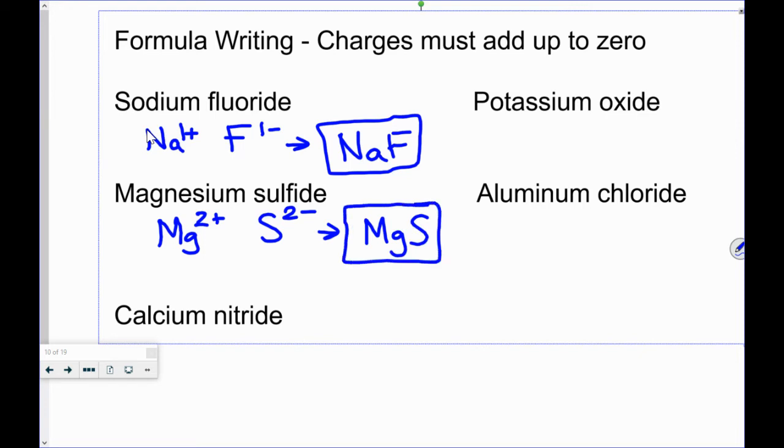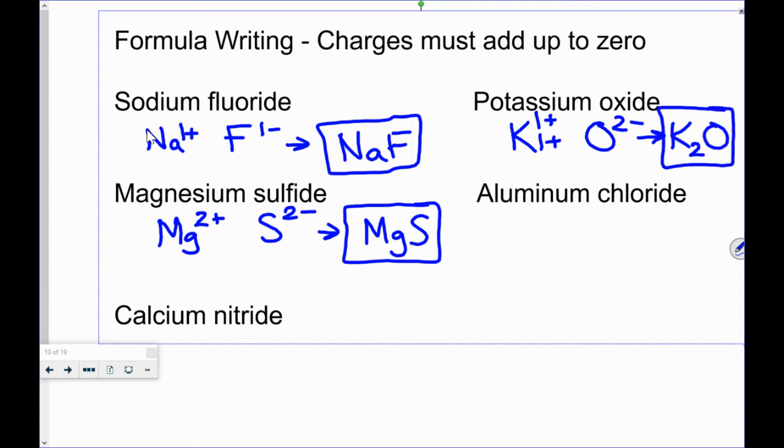But more often than not, they're not that easy. It would be something more like this. Find potassium. Potassium is 1 plus. O is 2 minus. If I have 1 plus and 2 minus, this does not add up to 0. So we can add to either one to make 0. We need another K. So what's my final count? Again, we start with the cation. There would be 2 Ks and 1 O. Skip down here and then we'll do the hardest as it gets.